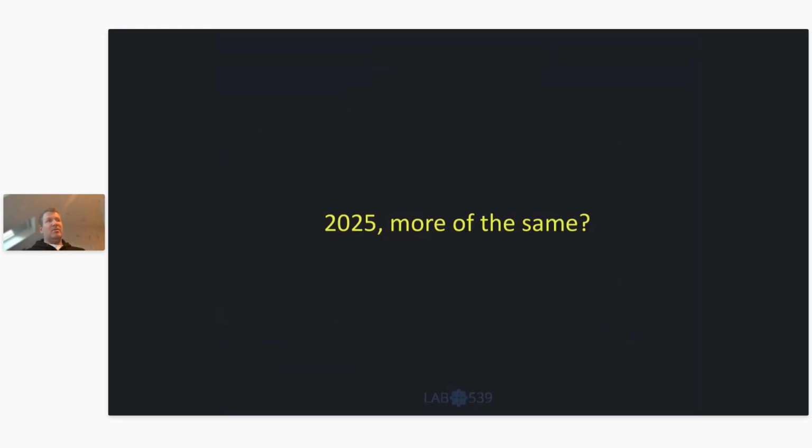So 2025. What do we expect to see? Now, I've already shared a little bit of this. We're seeing a continued upward trend at a relatively sharp rate, so we expect to see more of that.